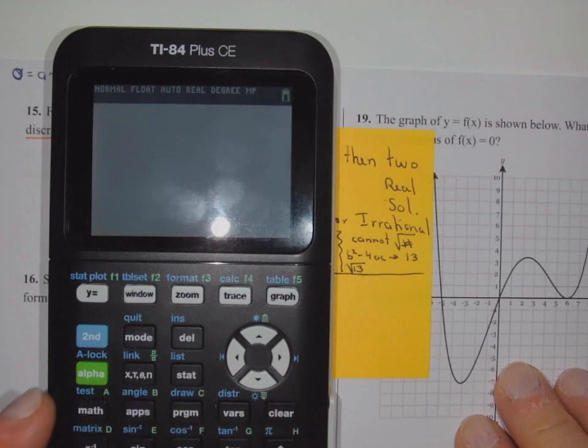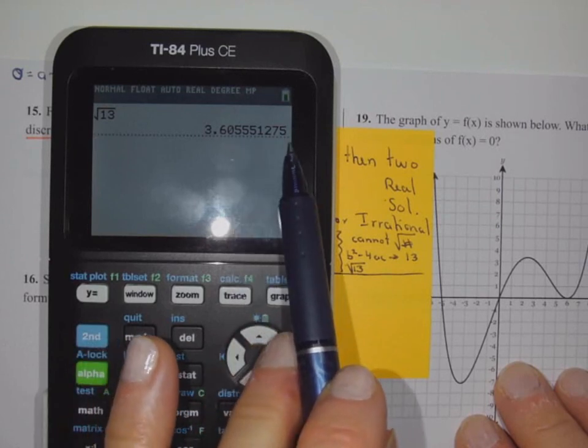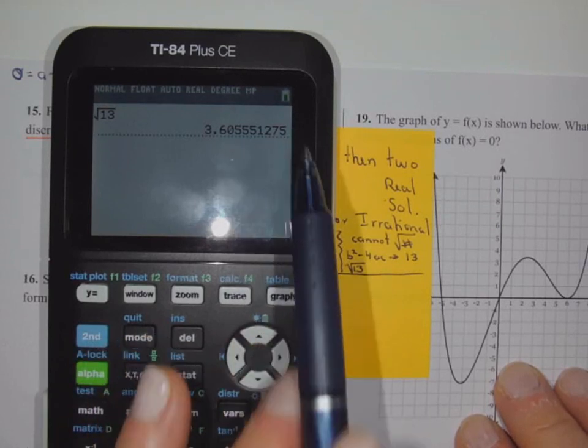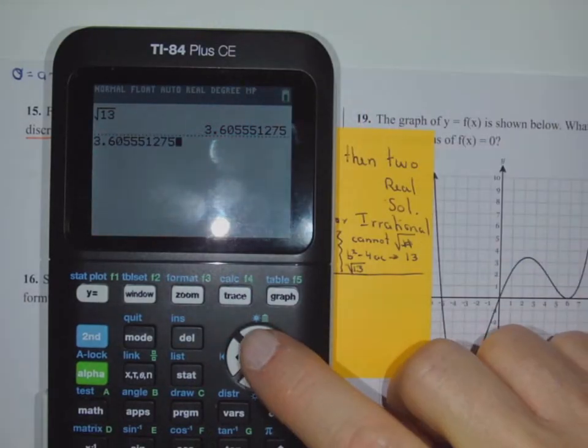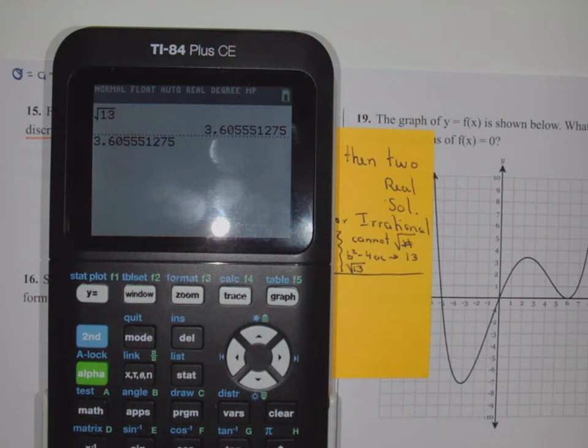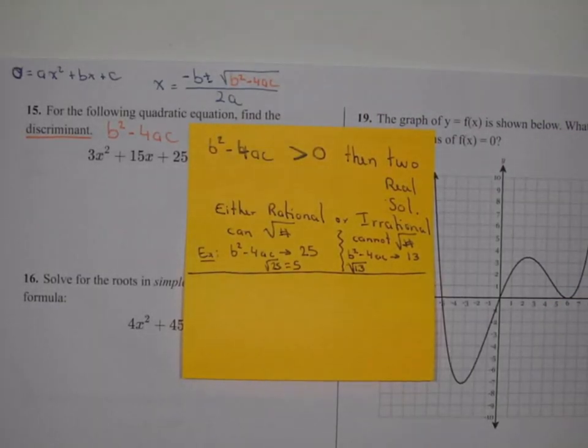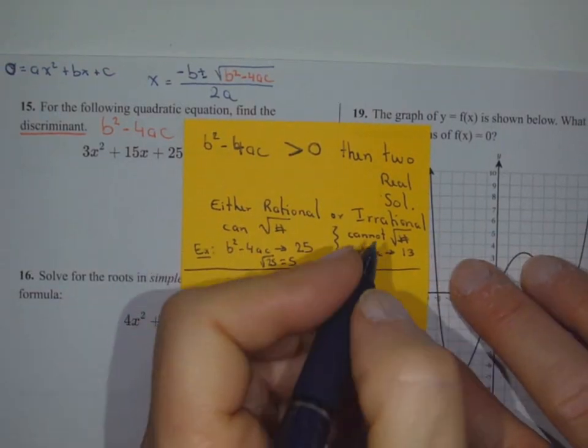Notice how the calculator gives me a decimal. You might say that ends, but technically it doesn't, because it just keeps going. It never ends and never repeats. That's what we call an irrational number. The square root of 13 is irrational.